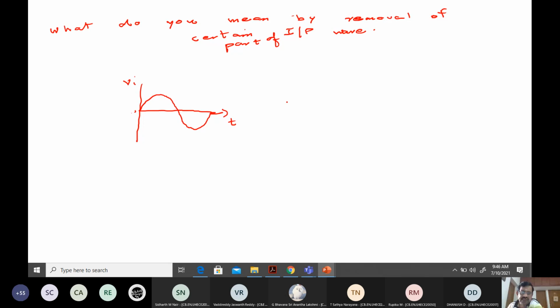Let us say in a circuit I want to ensure that the positive half of this signal is not there. Then what do I do? I have to remove or clip that positive half, and I must be able to get only the negative half.